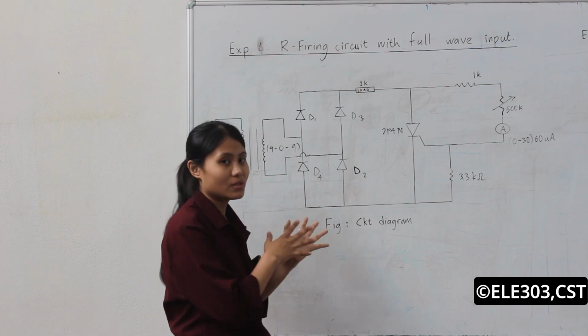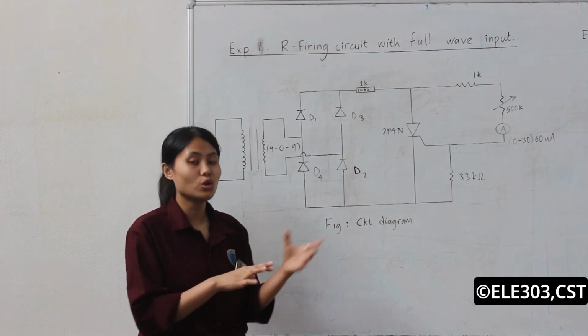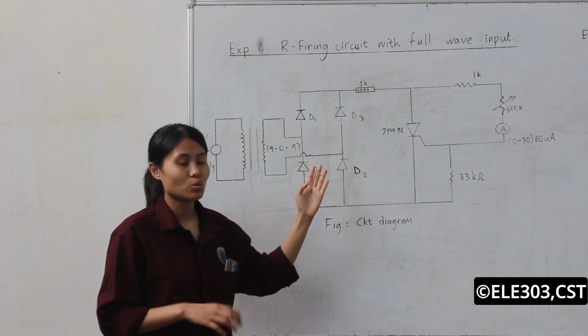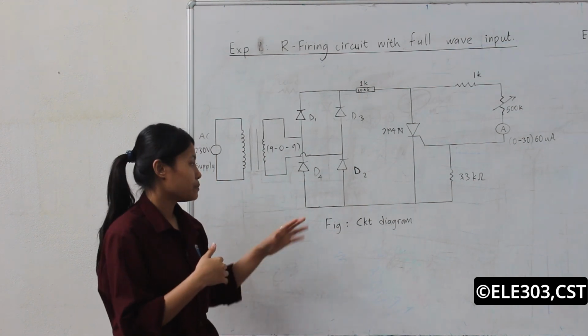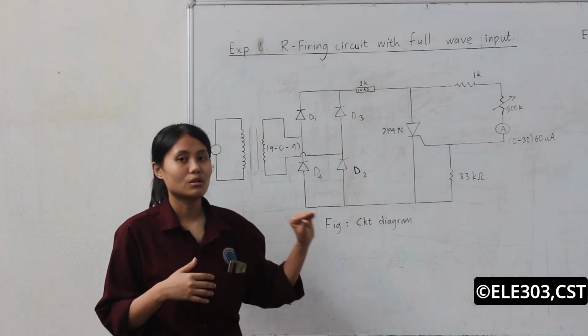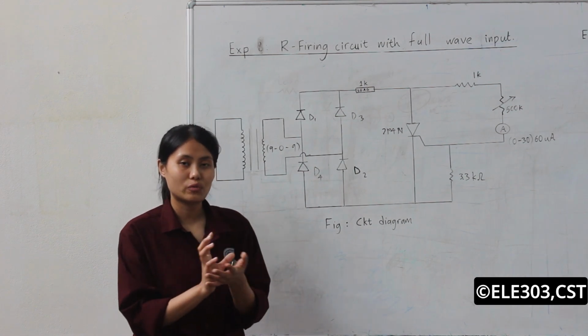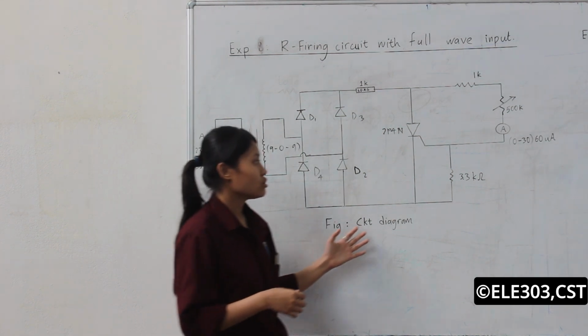Because of this, due to the presence of 4 diodes which conduct for the positive and negative half cycles, we'll see a controlled output waveform for the full wave, unlike for half wave input.